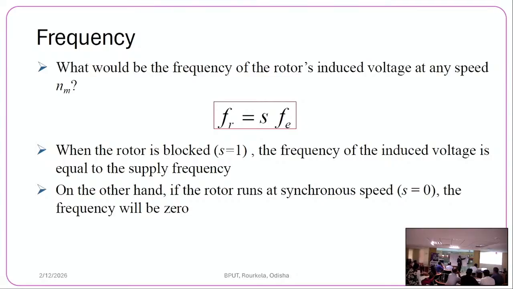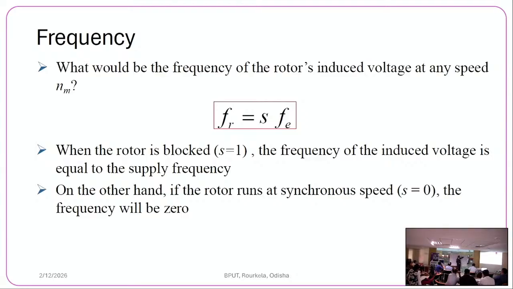So omega S, if you substitute, is 2 pi by 60 into 120 Fs by P. This comes to 4 pi Fs by P.